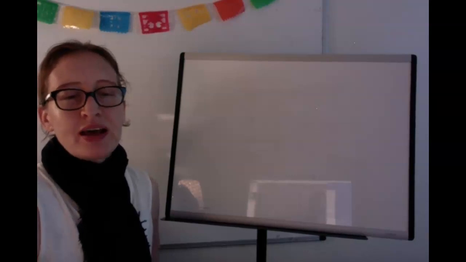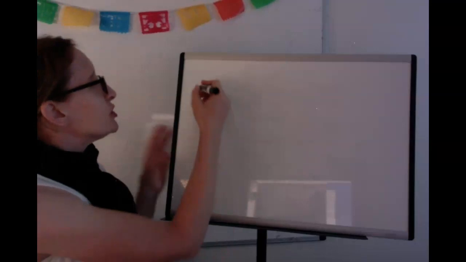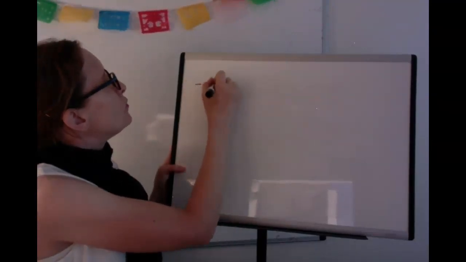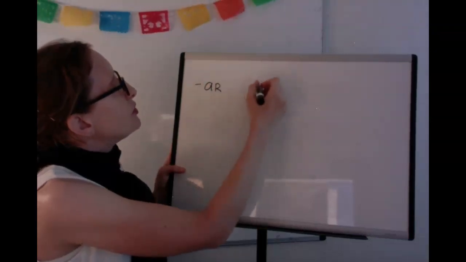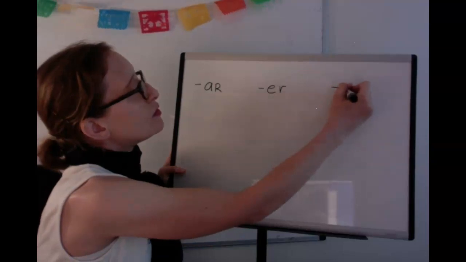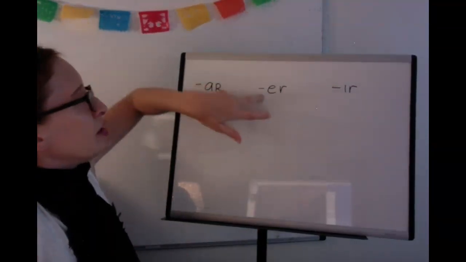verb. In Spanish, we have it a little bit easier because in Spanish, our verbs are going to have one of three endings. Every verb that we encounter is going to end in AR, ER, or IR.